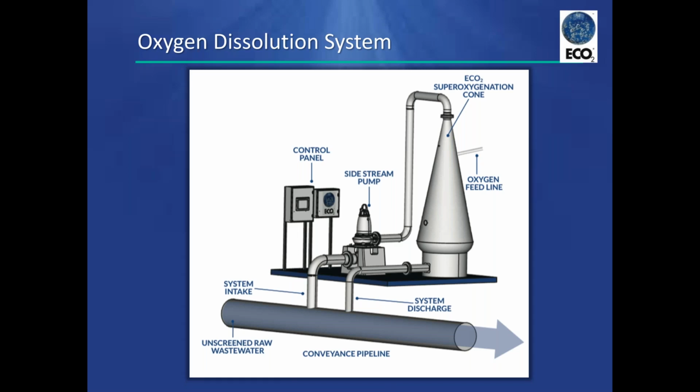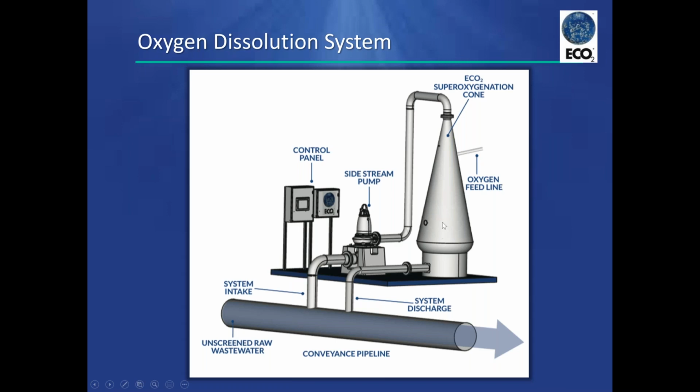But at any rate, off of that conveyance pipeline, we would tap that line and draw a portion of that flow up to the top of the cone, where the oxygen gas is introduced. And as that flow moves through the cone, the oxygen gas is dissolved, and that wastewater with high dissolved oxygen content is then put back into the pipe and continues on in the process.